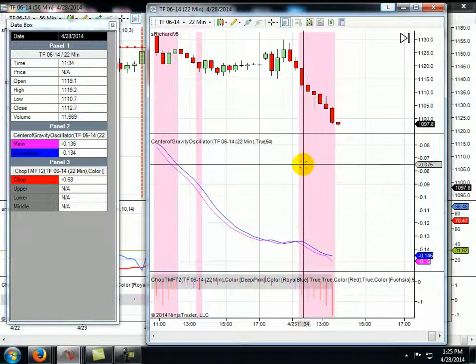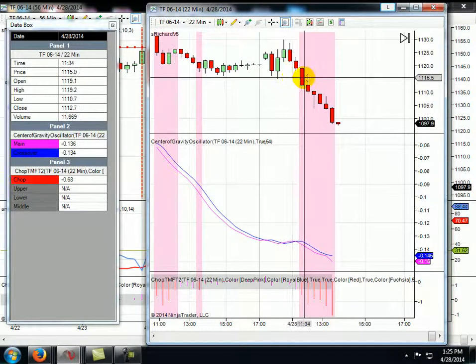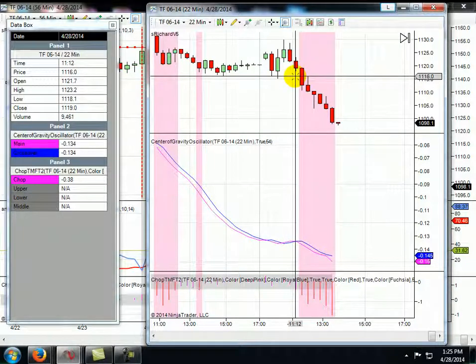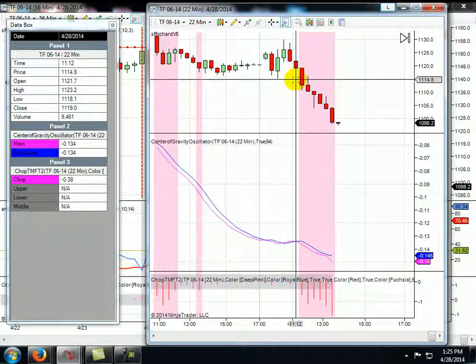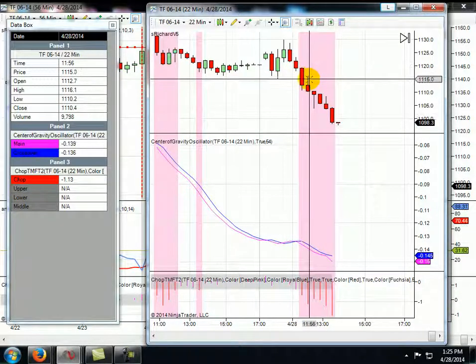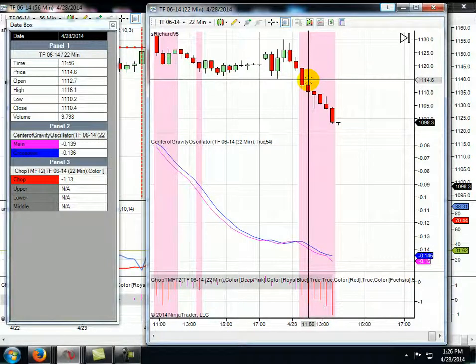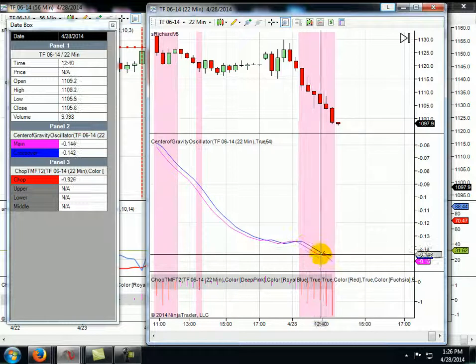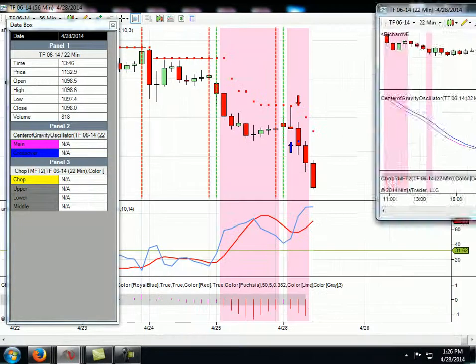Basically what I'm getting at is we need to be in accordance on the CGO also, and I want to make sure, because you go back to this bar. Let's see, that's the 1112, so we're okay. We're going to either be in on this bar or this bar, but nonetheless the CGO is in accordance. We're in a downtrend, so we're good there.